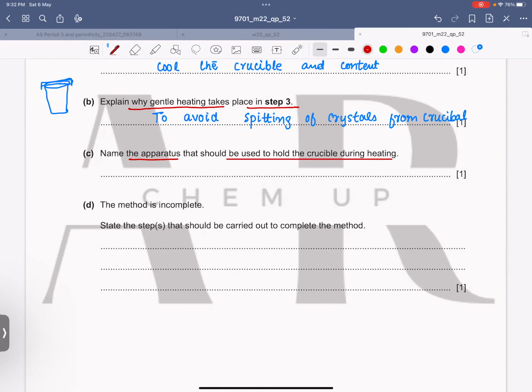If some of you have performed the experiments in AS level, on the tripod stand there is a pipe clay triangle, and on that pipe clay triangle we hold the crucible. So it's a pipe clay triangle.